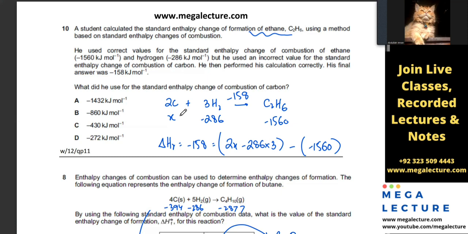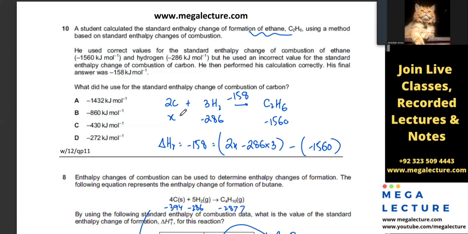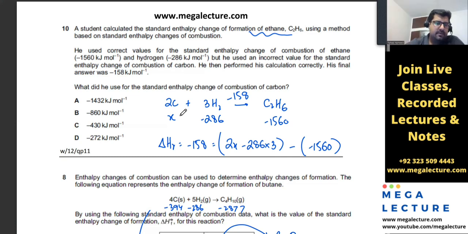Yeah, calculate. Sir, option C is what I'm getting. Confirm it's C. See, it looks like C.